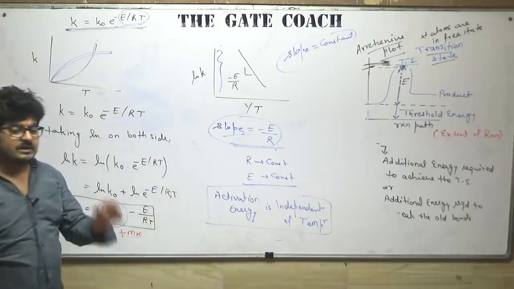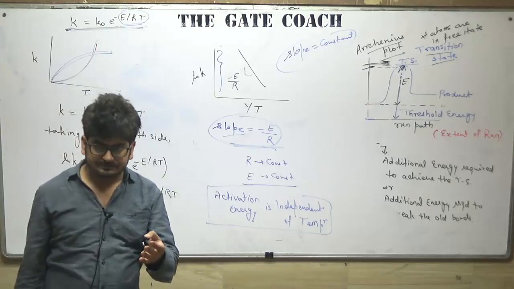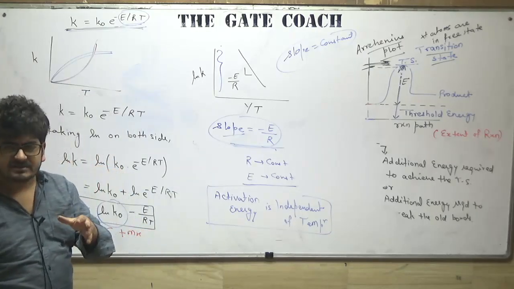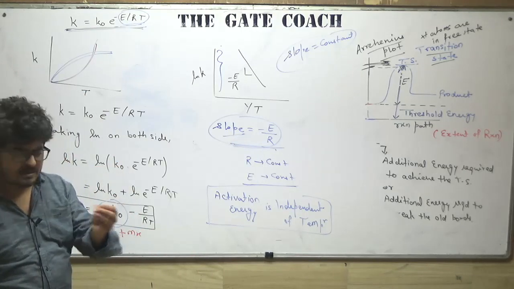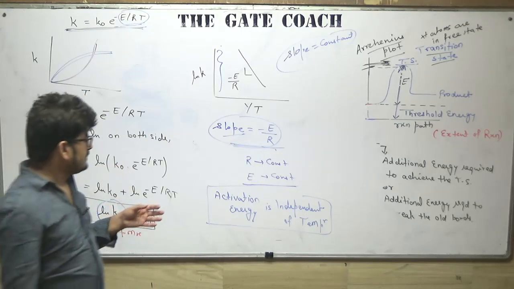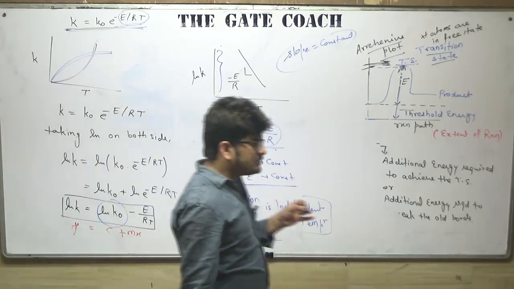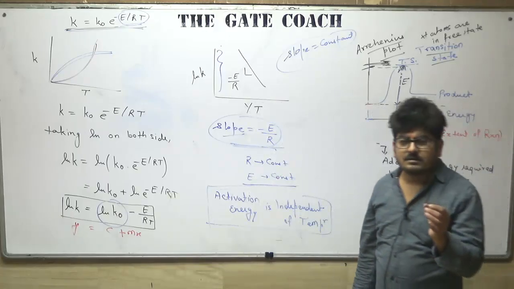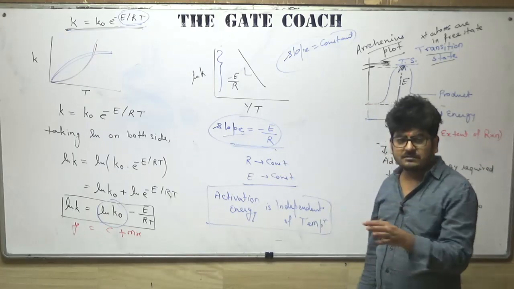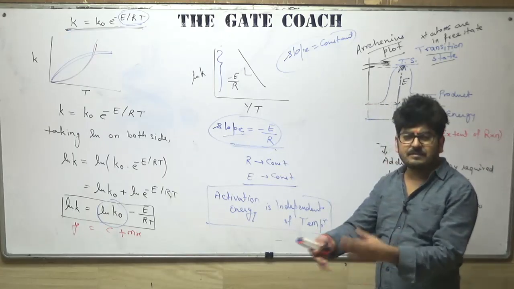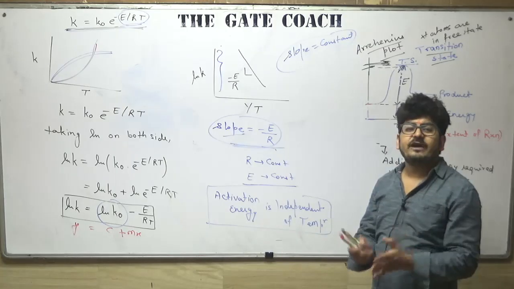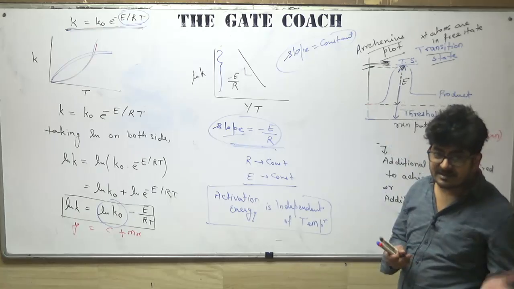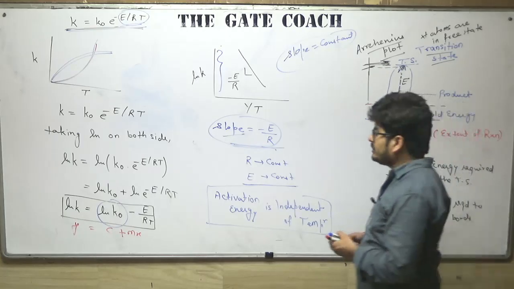Okay, so in any exam, or forget about the exam, if in any problem or in an experiment you have to find out the activation energy for a given chemical reaction which is happening inside a reactor, or you have to find out the rate constant K, then what you need to do?